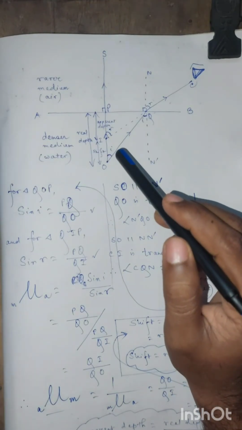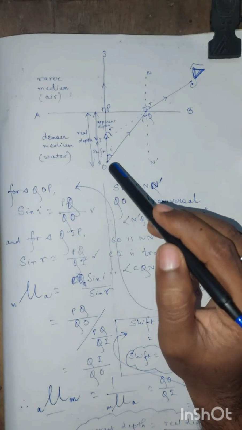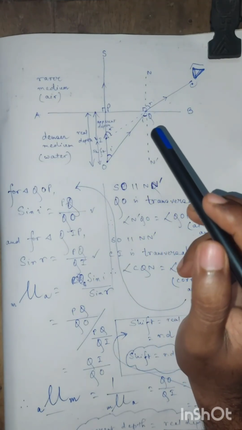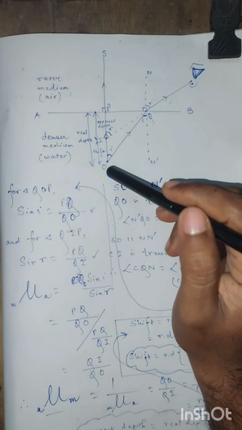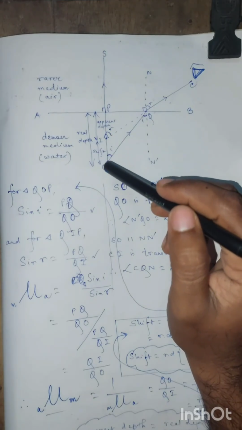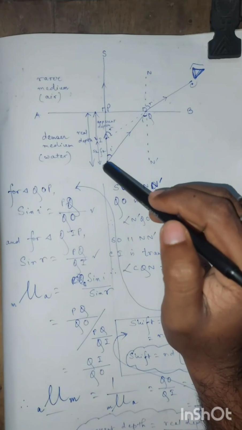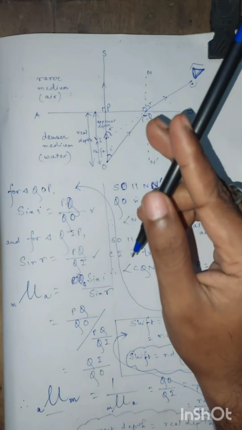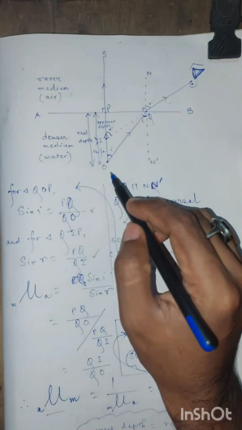Now we can assume that two light rays are coming out of O. One, the first ray, striking the boundary perpendicularly.